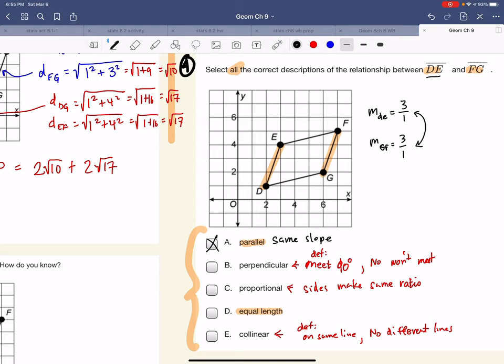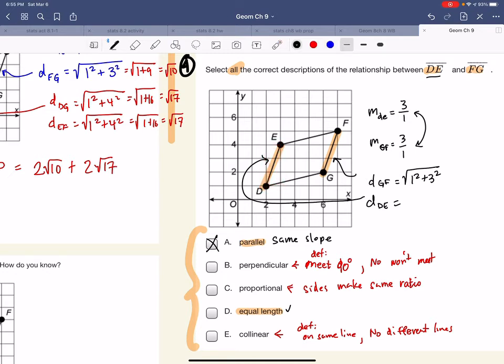Now it says, what about equal length? So let's find their distances. The distance of GF and the distance of DE. That's the same number we collected, right? This is 1 and 3. So I'm going to say the square root of 1 squared and 3 squared. This one is also 1 and 3. You could do that outside or inside the shape.